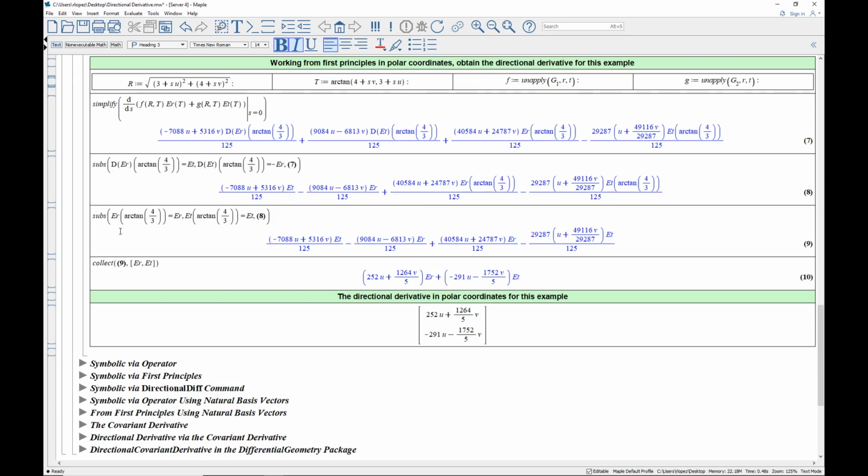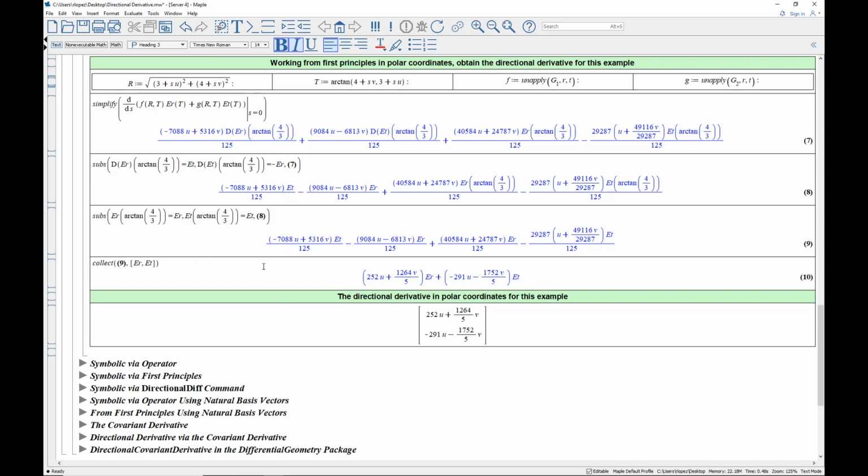So again, just brute force replacement. If you've got the arctangent 4/3 in there, just put ER. If you have ET evaluated at the arctangent, just put the letter ET. Now it's a little bit smaller, easier to read.